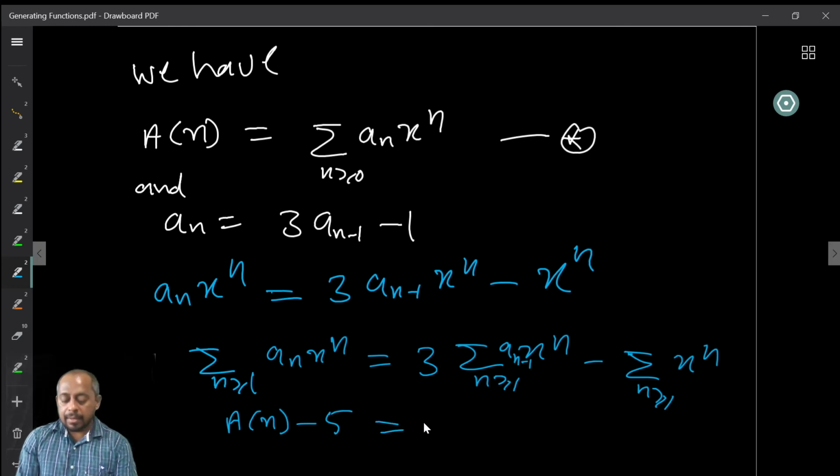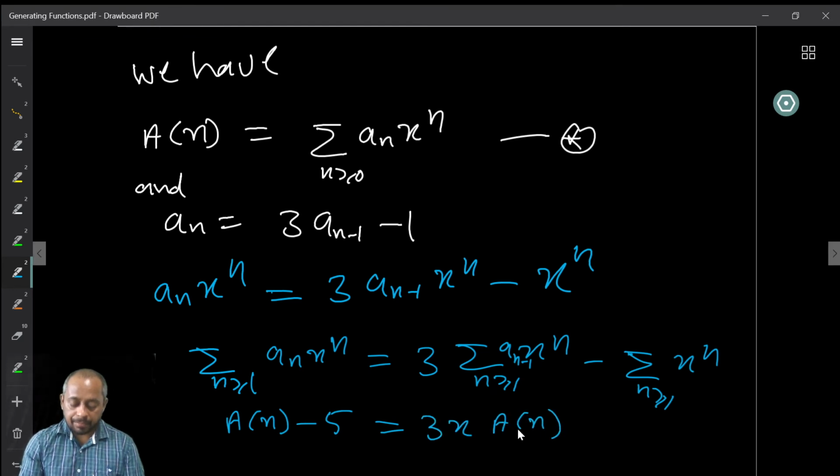And this, if you take one x outside, is summation n greater than or equal to 0 of an x raised to n, which is A(x). So this is 3 times x A(x). And this we already know: if you take one x outside, you get 1 by 1 minus x. So this is basically x divided by 1 minus x.